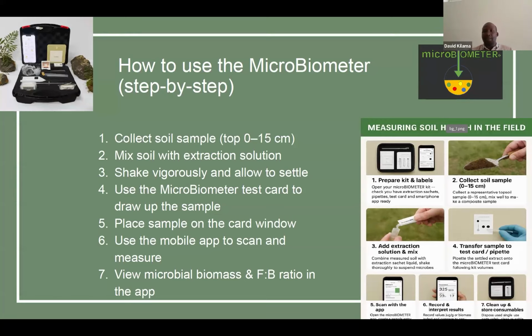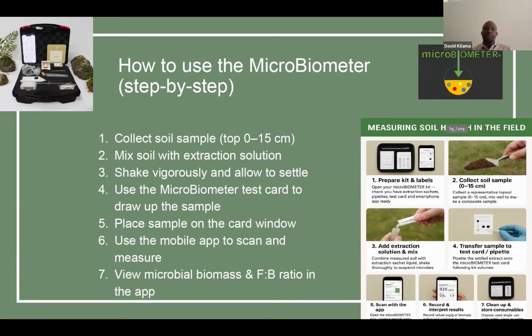We said to collect a soil sample from 0 to 15 centimeters. This is where most of the activity takes place, and most of the growth for our tender plants takes place. So it's the desired soil depth. Then add extraction solution, mix and thoroughly shake your mixture.